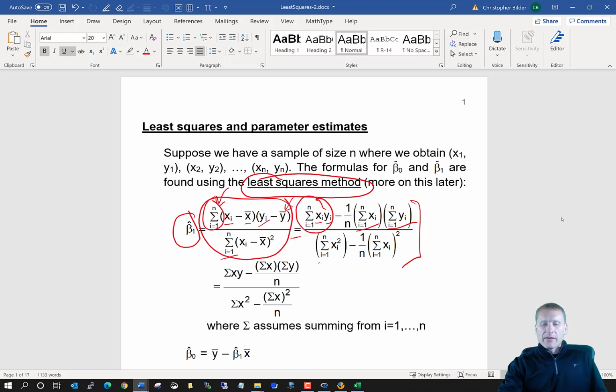All that is divided by the sum of the x's squared minus 1 over n times the sum of the x's, and notice the square is now outside that sum of the x's. If you're comfortable with the summation always being from i equal 1 to n, meaning every sample value, we can write the expression a little more shorthand. Okay, so that's how we get beta hat 1.